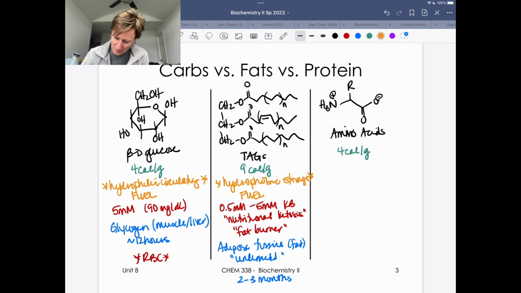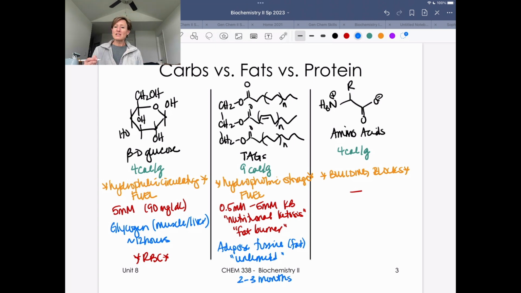These really are building blocks. They're not intended to be consumed from an energy or fuel standpoint. So we really don't have numbers to think about. I'm going to put a red line there: we don't have concentrations or magic numbers that we need to think about in terms of amino acids or protein.